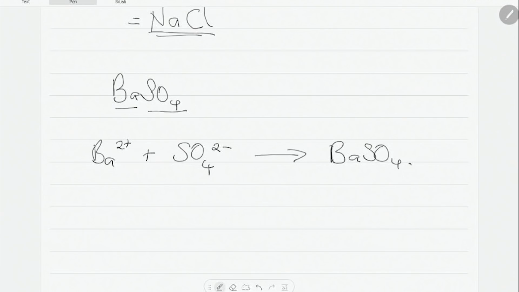This is going to give us barium sulfate, which is the salt that we need, insoluble, so it is solid in its physical state, plus nitric acid, which is aqueous. Then if you are using magnesium sulfate, it will be plus barium nitrate. This will give us magnesium.